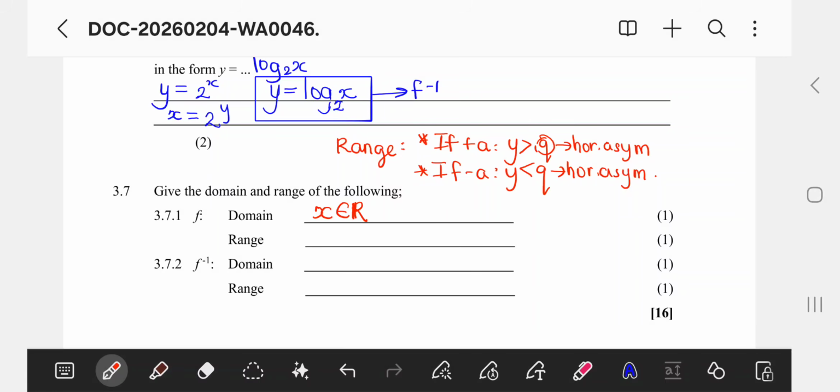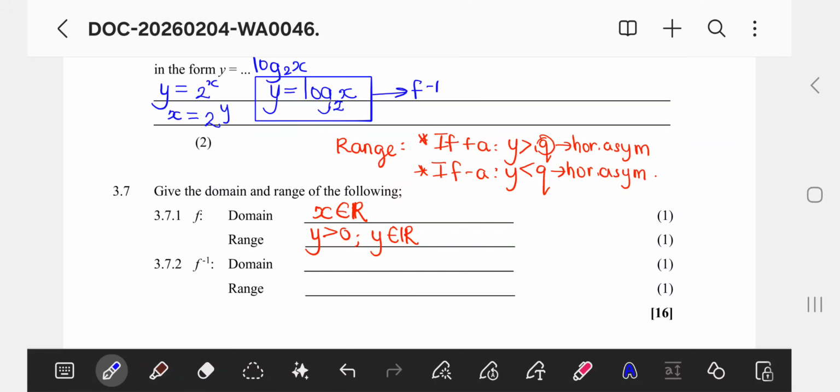So I'm going to say, for my range, y is greater than 0, and y is an element of real numbers. So two parts to it, right? But this is actually the main part. That is the restriction of it.